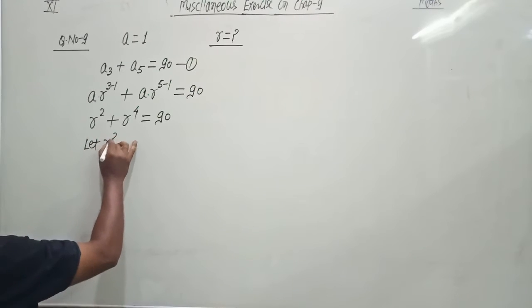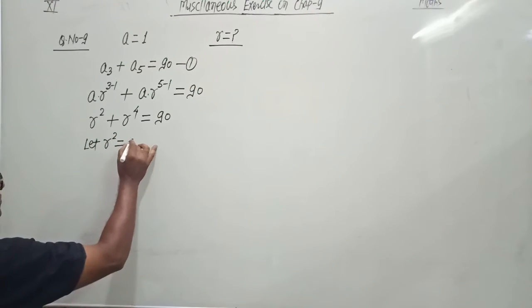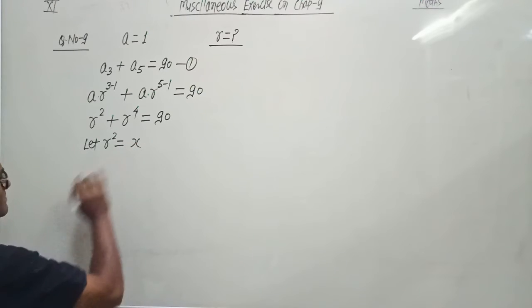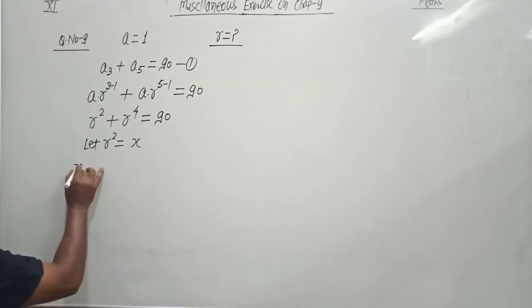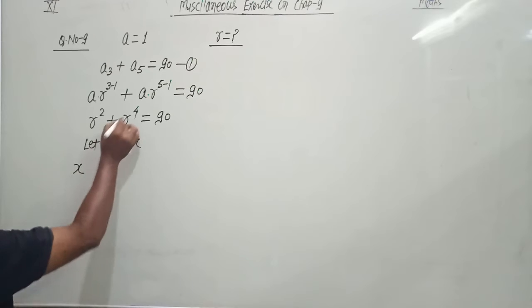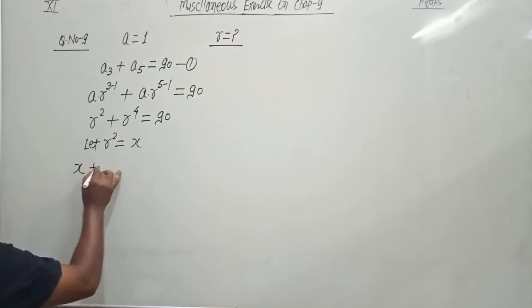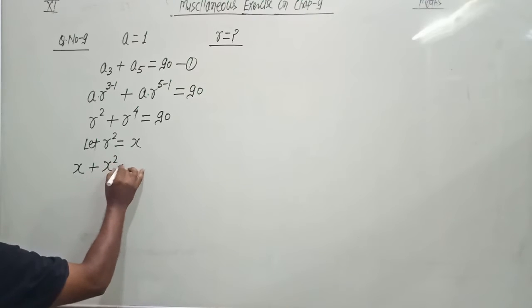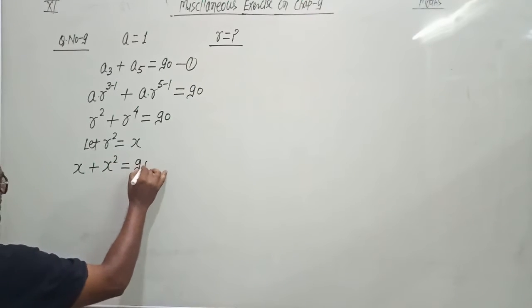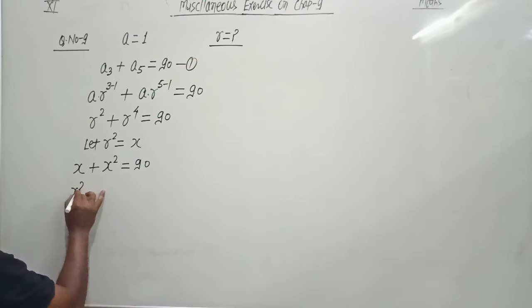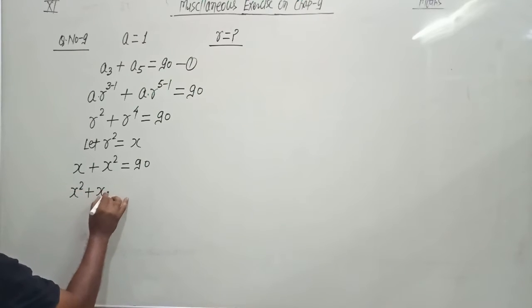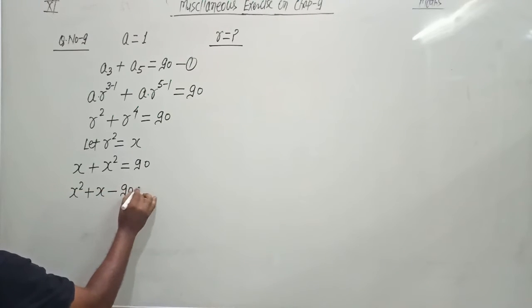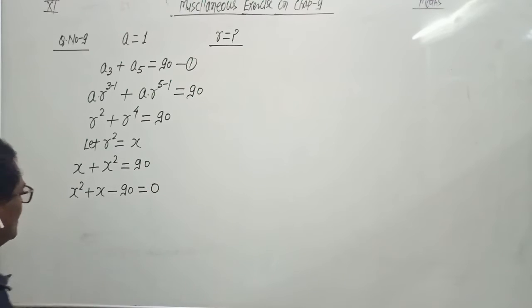Let r square equal x. Then this expression becomes x plus x square equals 90. Then x square plus x minus 90 equals 0.